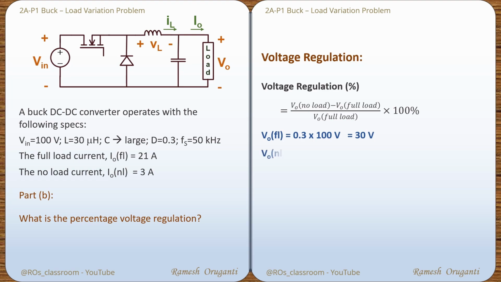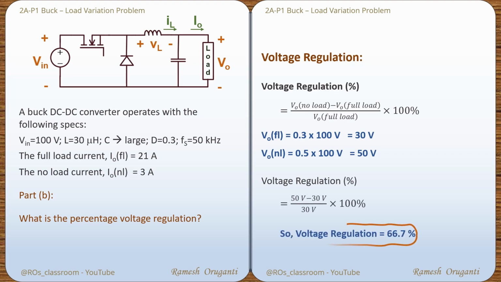V0 no load is 50 volts. So the voltage regulation is given by 50 minus 30 by 30. That is 66.7%. That's pretty poor regulation. When you decrease the load from full load to no load, the voltage will go up by 66.7%.